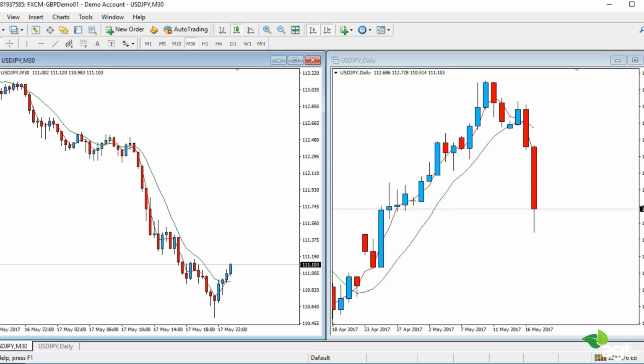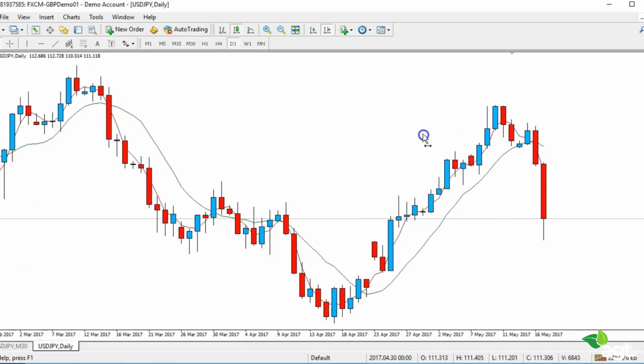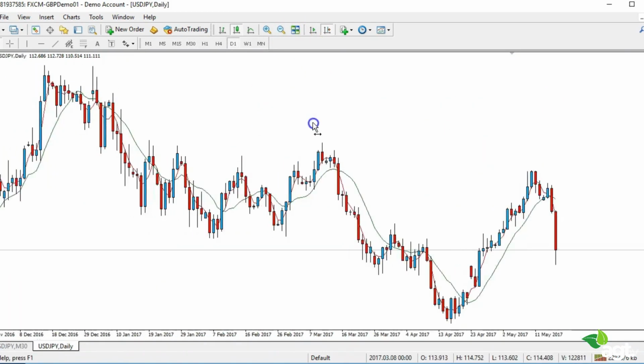And the reason I'm doing this again is because I want you to realize that trading can be quite simple, but what's most important to bear in mind is the principle behind the trading, which is going for high reward trades.